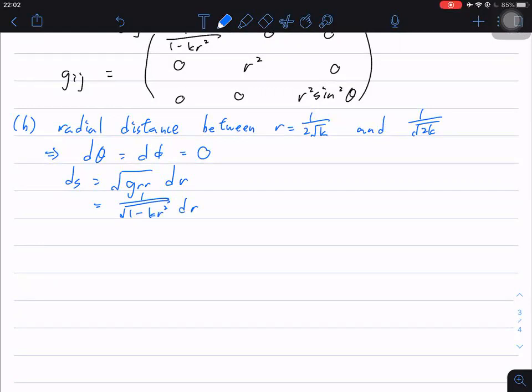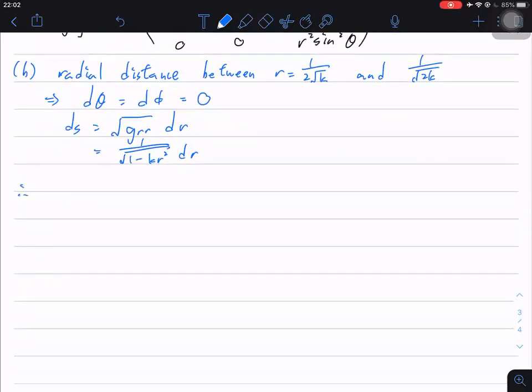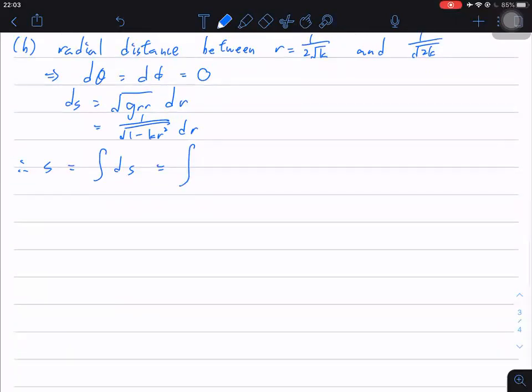Okay, so for the radial distance in this metric, you just have to integrate over the line element. So it's basically integrating the whole thing, 1 over square root of 1 minus kr squared dr, from 1 over 2 root k to 1 over root 2k.